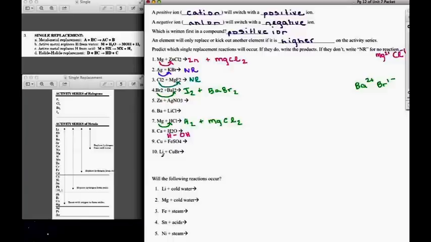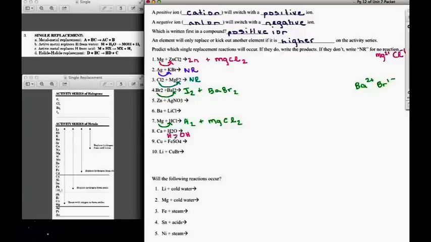All right, we've got one last task to do. The other thing that this activity series really nicely does for you is it tells you how metals are going to react with different states of water. So if you look here, it says replaces hydrogen from cold water. So these, within these arrows, guys, these metals are so reactive that they will replace the hydrogen from water.